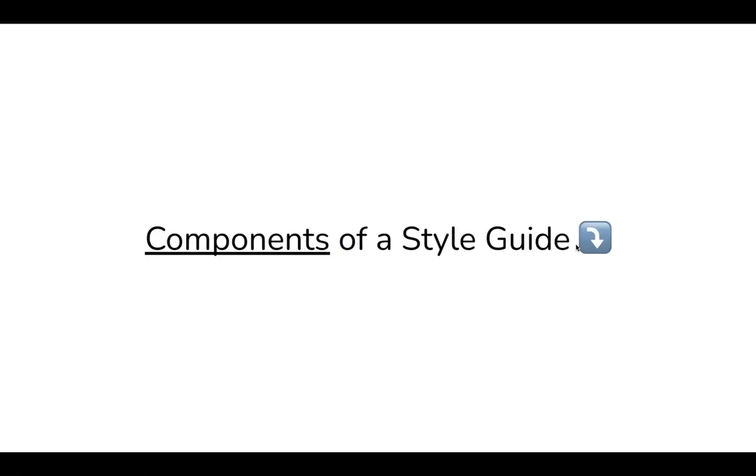So we're going to be looking at key components of a style guide in this section. One of the key components of a style guide is the grammar and punctuation section. This section outlines the preferred rules for grammar, punctuation, and syntax.